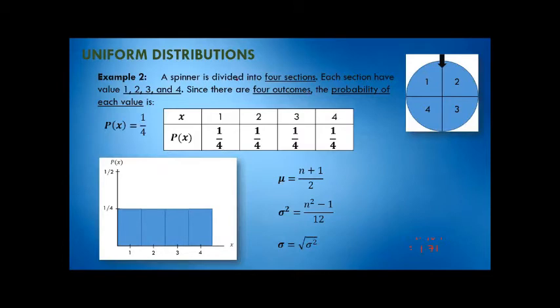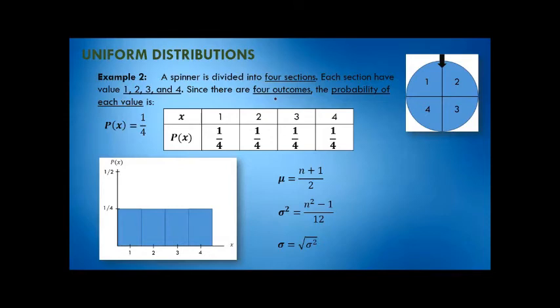Another example of uniform distribution is like this. A spinner is divided into 4 sections. So each section has value 1, 2, 3, and 4. So katulad nitong illustration na 'to, we have a spinner with 4 equal sections and each section may different values. So that is 1, 2, 3, and 4.